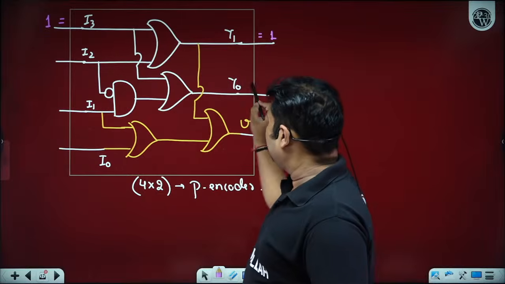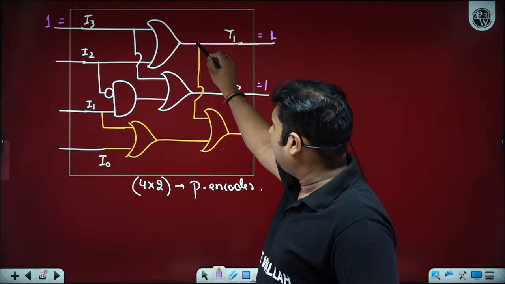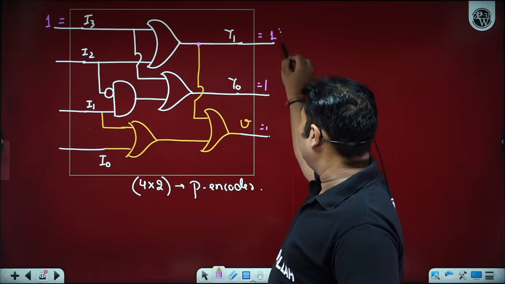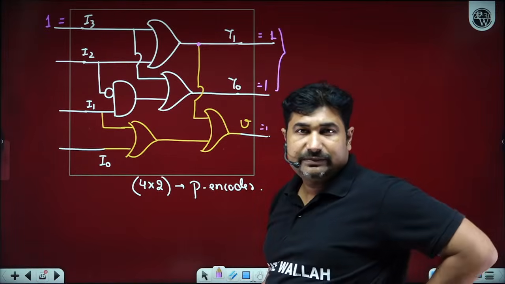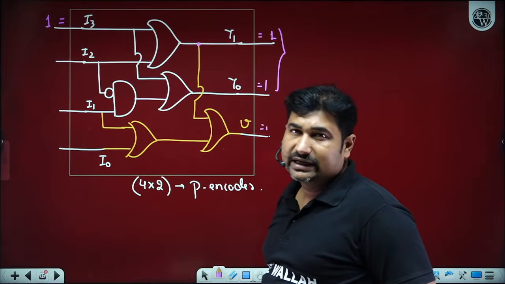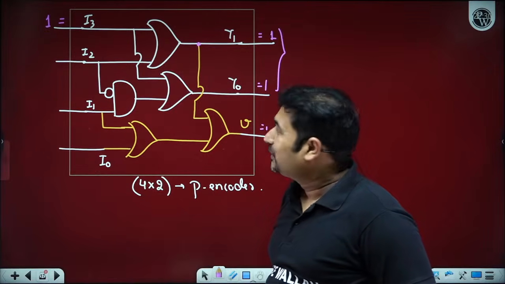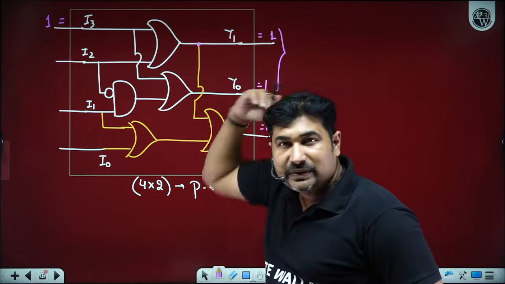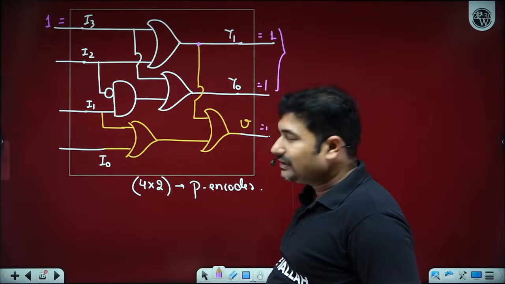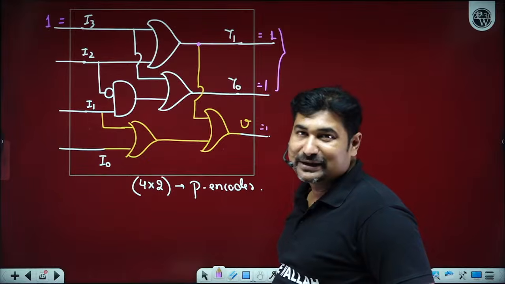If I3 is high, output Y0 is also going to be high only. And since this is high, this is also going to be high only. We are getting the binary of 3, and the valid output indicator indicates the output is valid. Output does not depend upon I2, I1, I0 if I3 is high. Is it okay? Yes, sir.